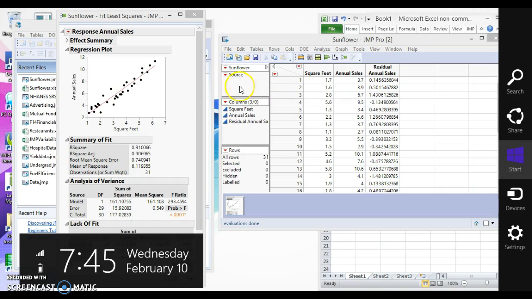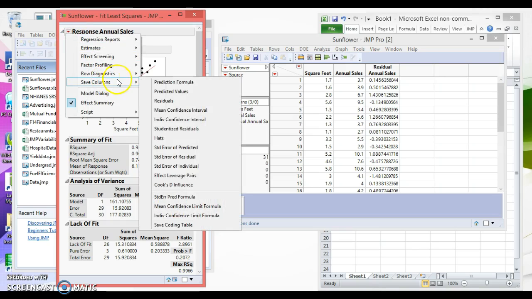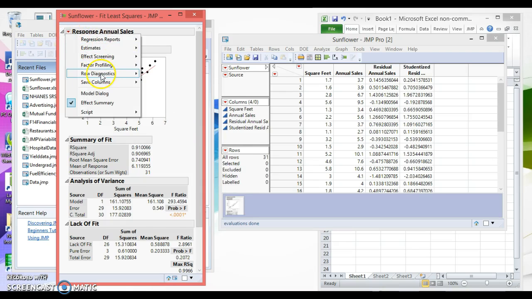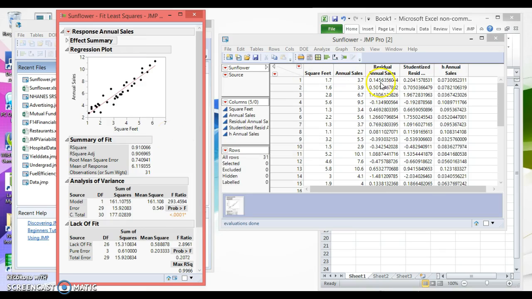And whoops, for later on in this problem, we're going to go ahead and save 2 more columns, and that's studentized residuals and hats. But okay, so for these 4 assumptions, we need to just use the residuals.